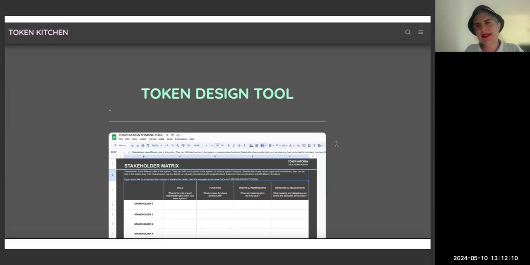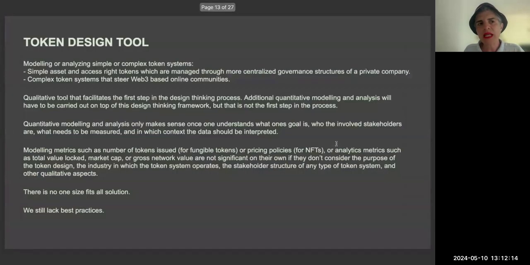Okay, so the purpose of this design tool is to use it for modeling or analyzing token systems. These can be simple token systems that represent some kind of asset or access right token, managed through a more centralized governance structure by a private company.